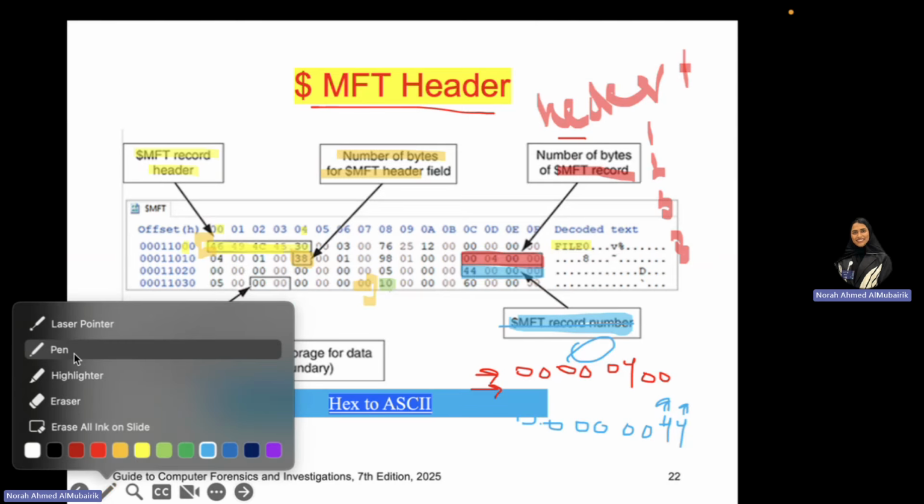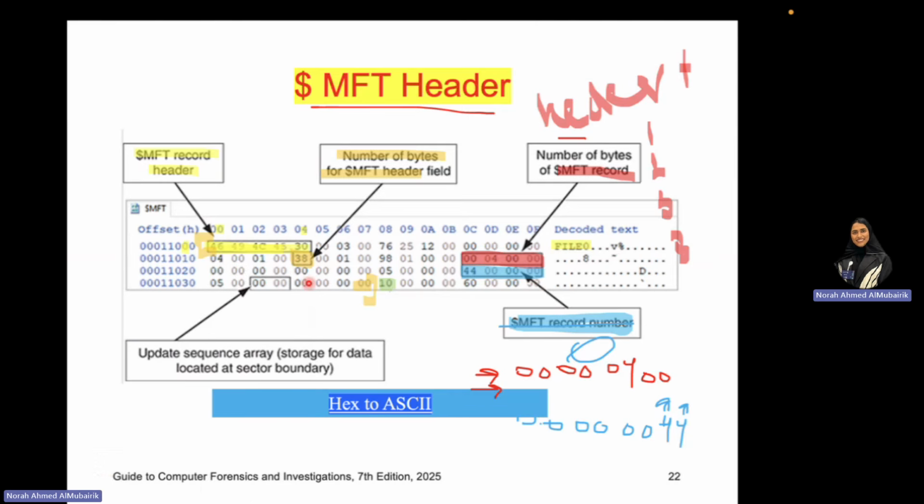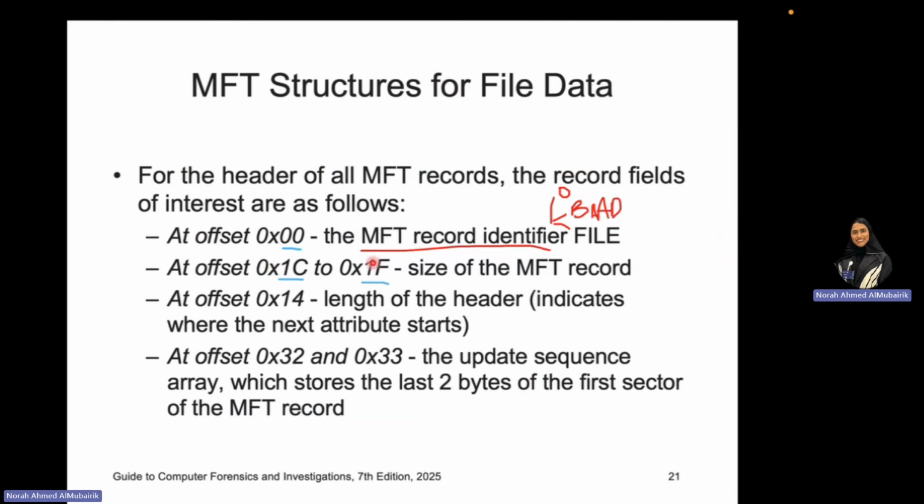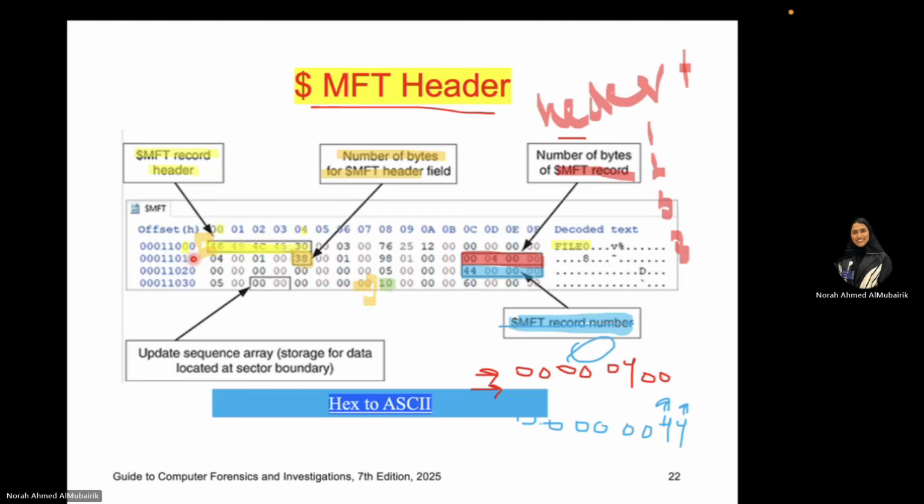So in order to identify the addresses, how do I know the address of the MFT record? I will say the address is 0001101. Then I will consider C till F, so from 1C till 1F. What is the offset of the MFT record? I will say, okay, 20C till 20F.